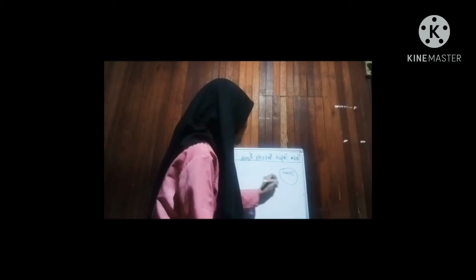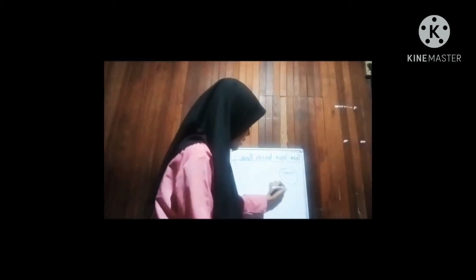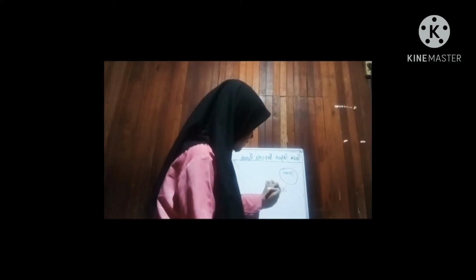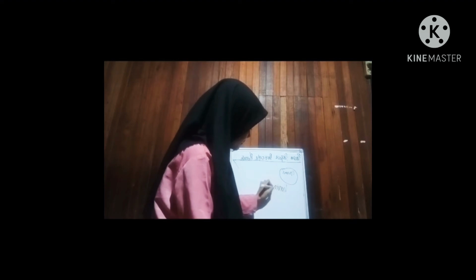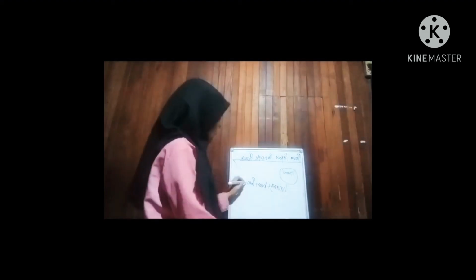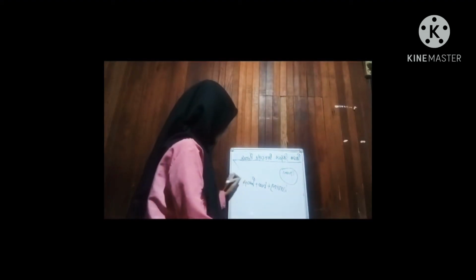So we can write the passive perfect participle phrase by the structure: having plus been plus participle phrase.